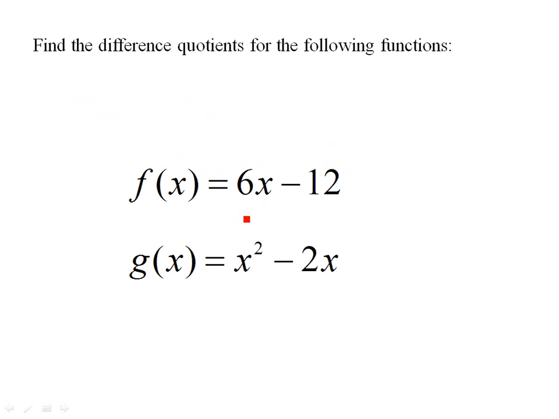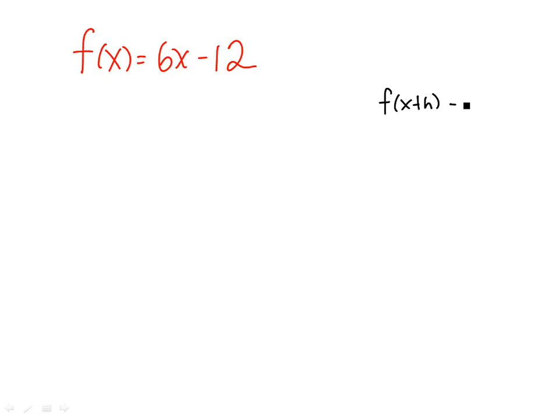It says find the difference quotients for the following functions. Let's work with the first one: f of x equals 6x minus 12. We use f of x plus h minus f of x, all divided by h. Let's take this one step at a time.